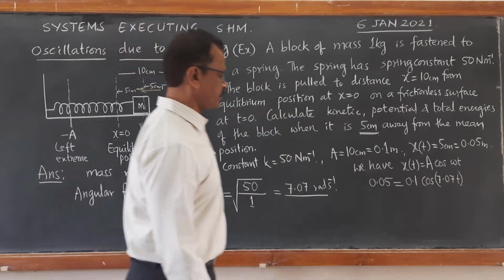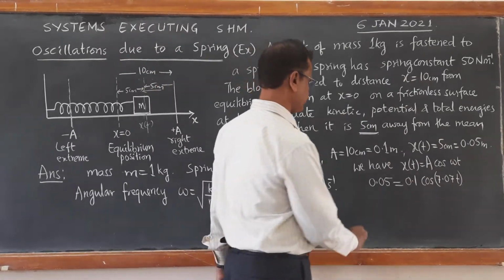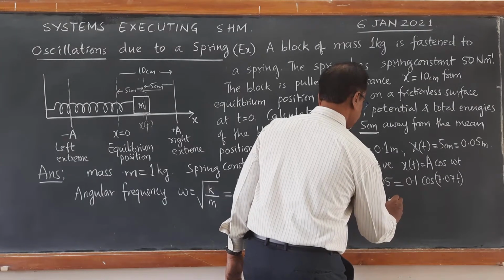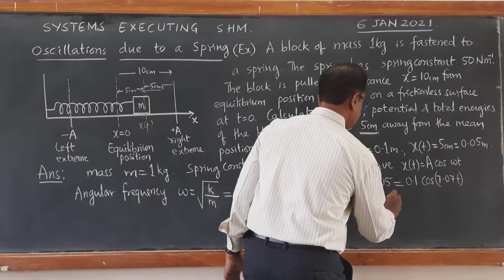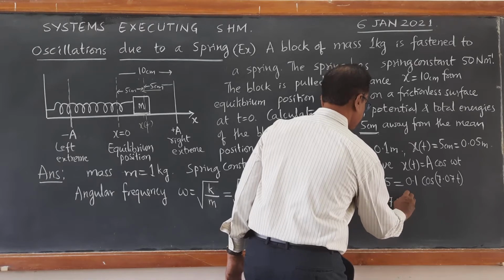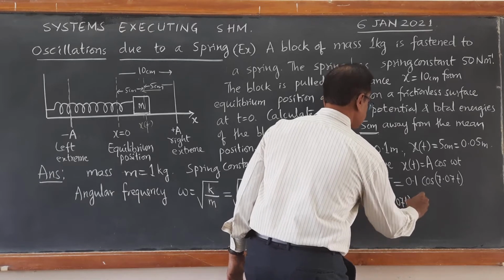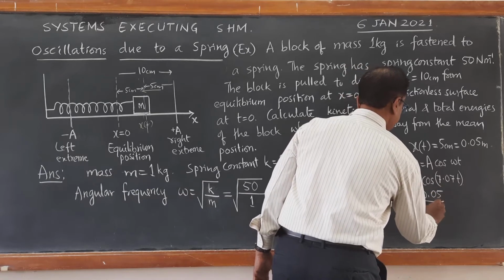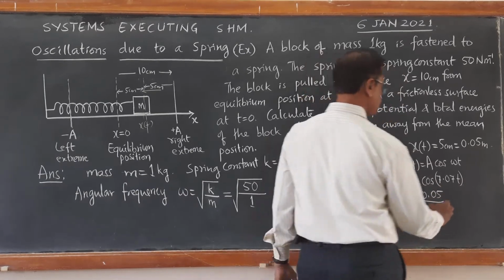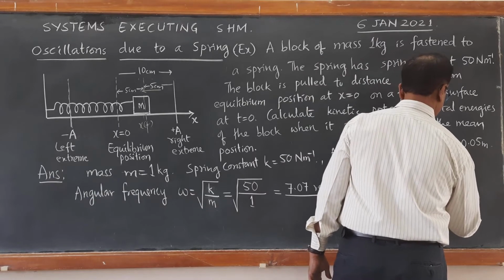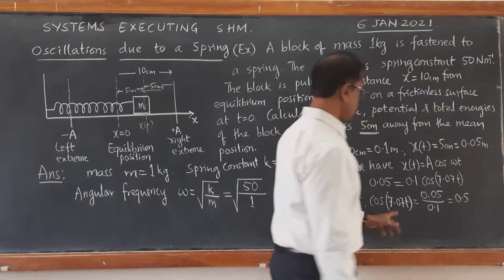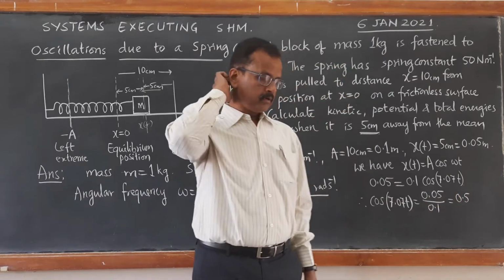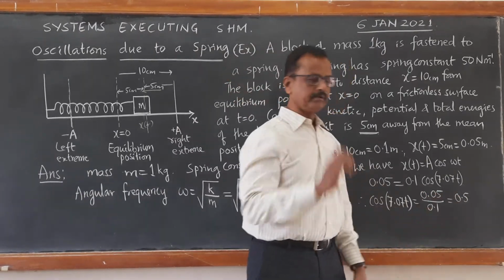So from this, what is the value of cos omega t? We can obtain it. Therefore cos omega t, that is cos of 7.07 t, is equal to 0.05 divided by 0.1, so that becomes 0.5. So for what angle do we have cos equal to 1 by 2?